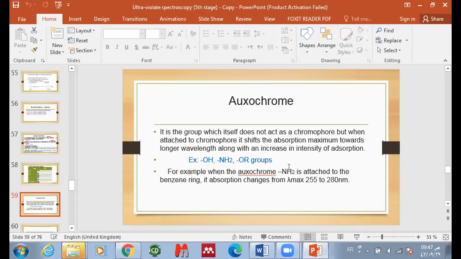For example, if the amino group is attached to benzene, which is colorless, the absorbance will change from 255 to 280. So it will increase the absorbance of the benzene or intensify the absorbance of the benzene molecule.